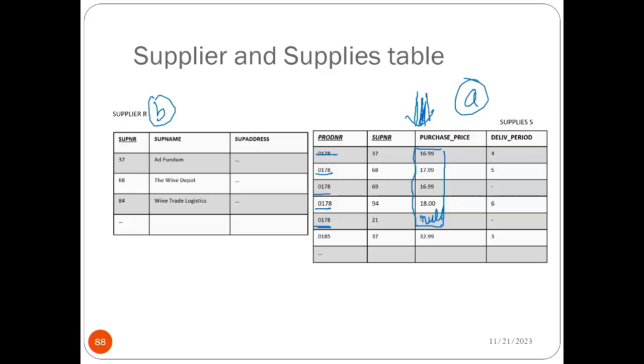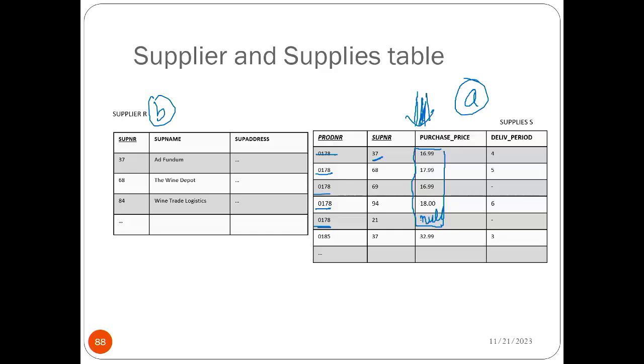Now from these supplies, I want the supplier number with a value higher than at least one of these, right? So what do you say about 37? For 37, its purchase price is 16.99, which is the lowest, right? So this supplier number 37 does not qualify.